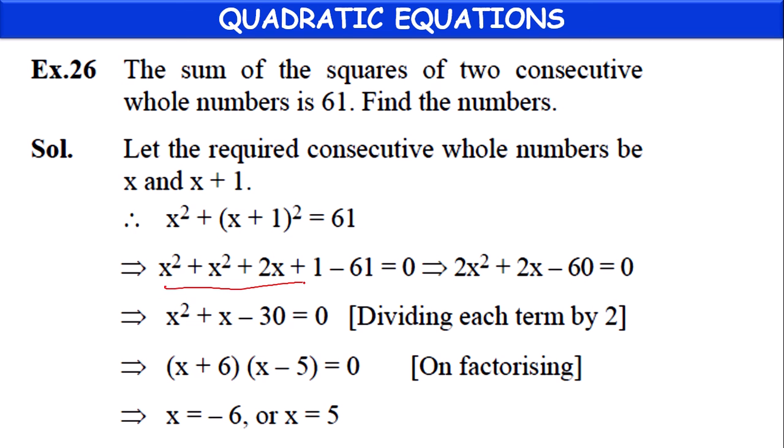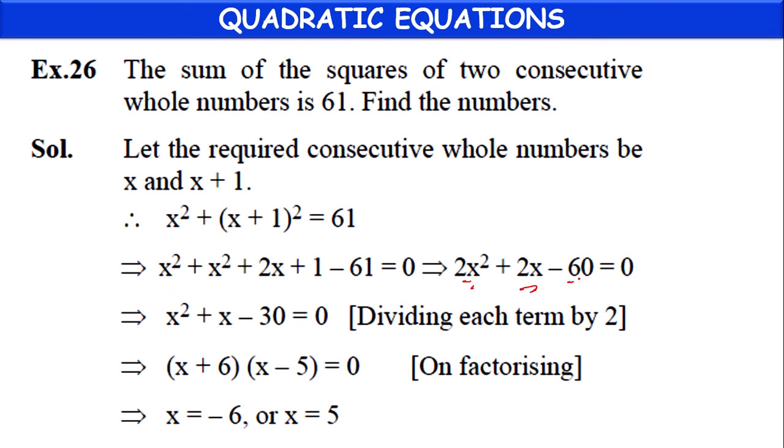So this is the simplified form. If 61 comes to the LHS, it will become minus 61 equal to 0. x square plus x square, 2x square plus 2x plus 1 minus 61, minus 60, equal to 0.